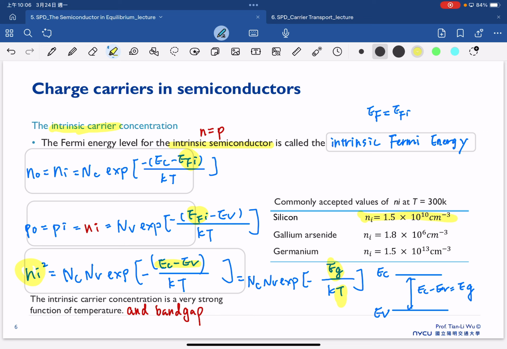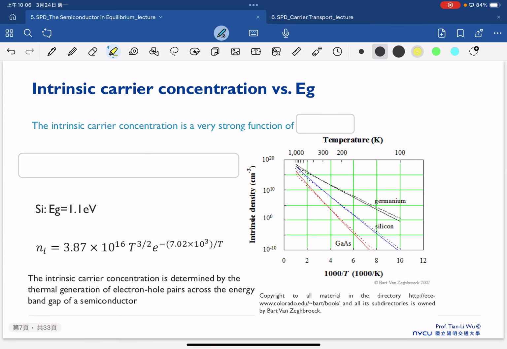So with this equation, Ni square is correlated to the band gap and the temperature. The first thing is we can start to have a more analytical estimation of Ni versus our temperature.